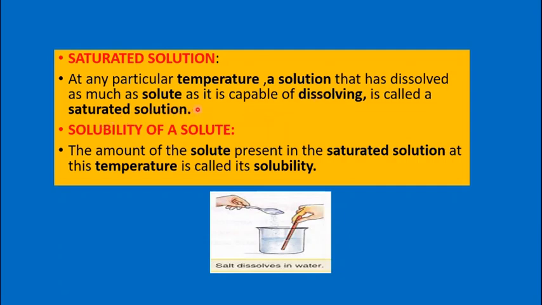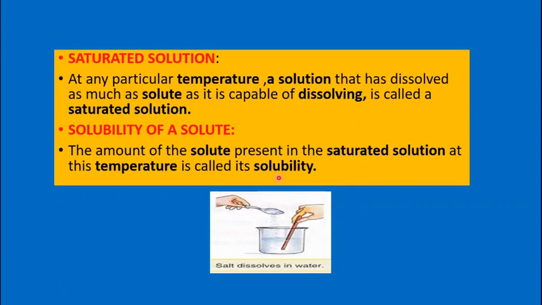At room temperature, how much salt is dissolved in the water? Maximum, and no more salt can be dissolved in it. It results in the formation of a saturated solution. Now what about the solubility of a salt? The amount of solute present in the saturated solution at a given temperature is called its solubility.